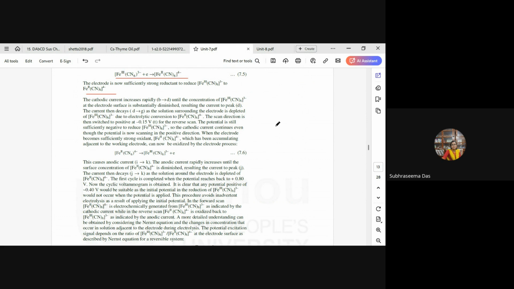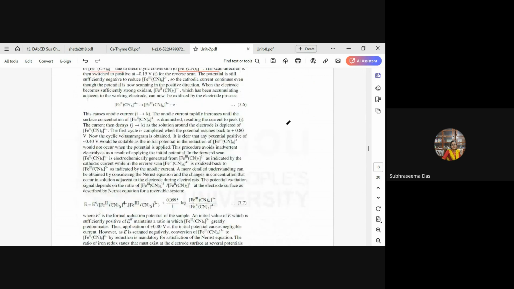The current then decays, and after the electrode is depleted of the ferricyanide ion due to its conversion to ferrocyanide ion, the scan direction is reversed. This is how we can analyze the cyclic voltammogram of the ferrocyanide ion.